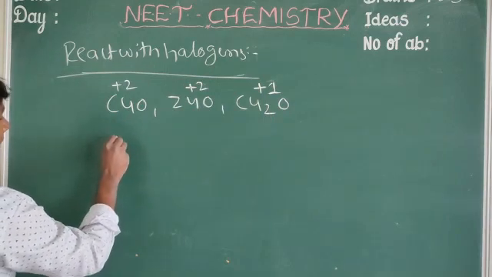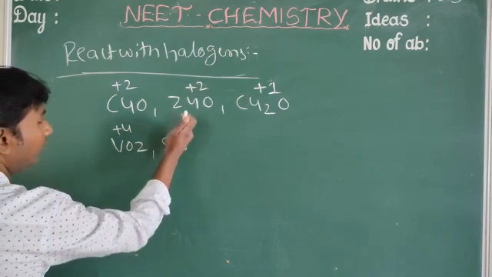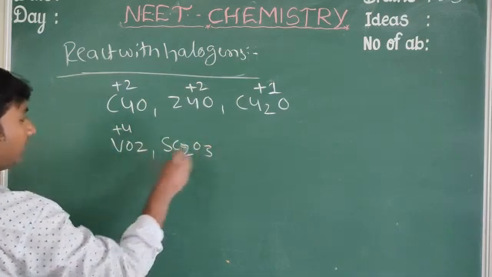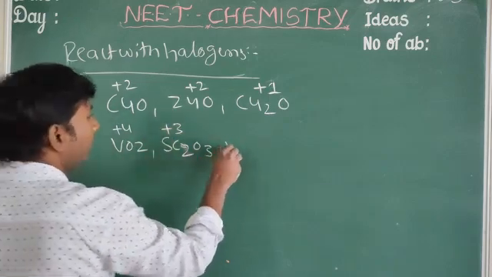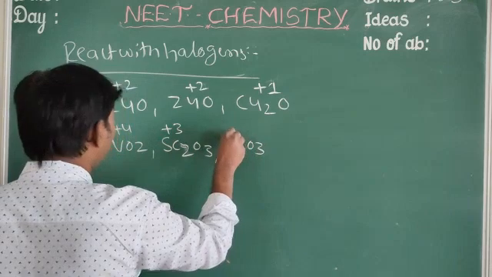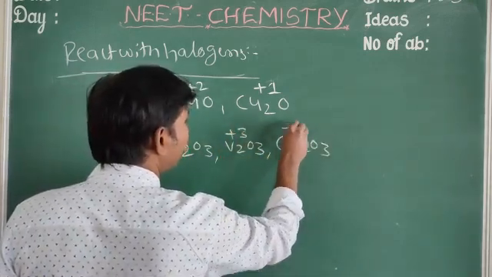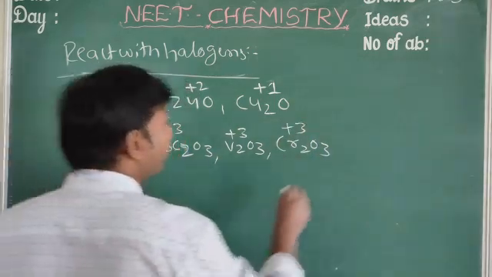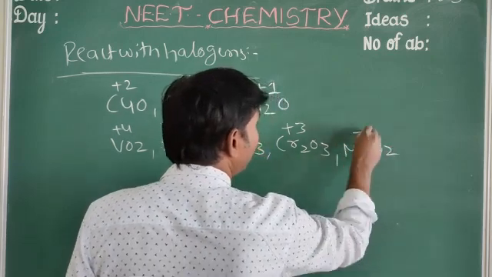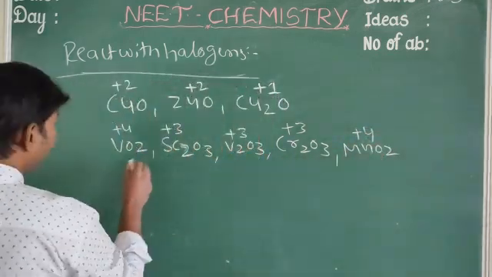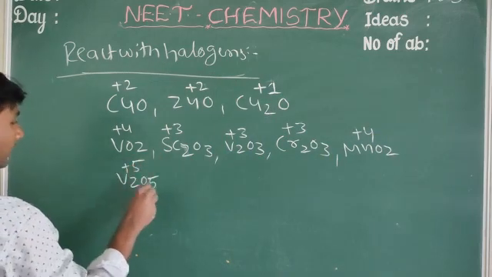Next, VO2 +4, scandium trioxide Sc2O3 +3, V2O3 +3, Cr2O3 +3. Next, MnO2 +4, V2O5 +5.